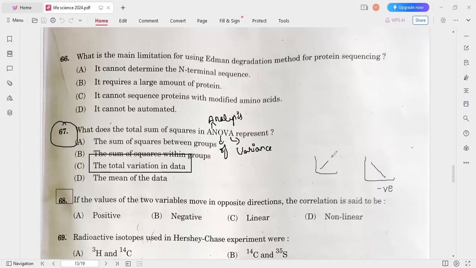This is the positive one, that is positive correlation, and this graph represents no correlation. So in this question, correlation in the opposite direction is said to be negative correlation. So that's why option B is the correct answer for question number 68, like this graph, that is negative correlation. Okay, so now move on to the next question.